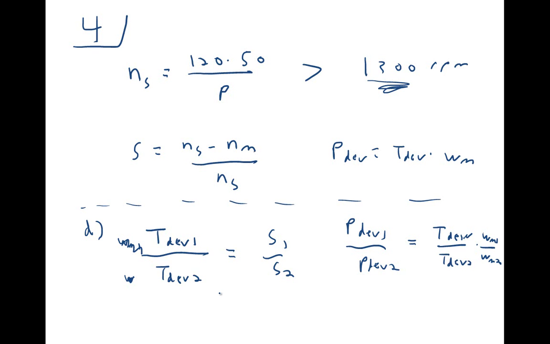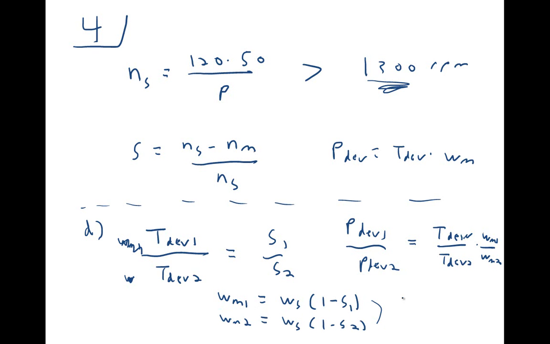We know from the formula sheet that omega m1 has to be equal to omega s, the synchronous speed, times 1 minus s1. And conversely, omega m2, the motor speed at a different slip, is going to be equal to omega s, because the synchronous speed doesn't change unless I change electric frequency, times 1 minus s2.